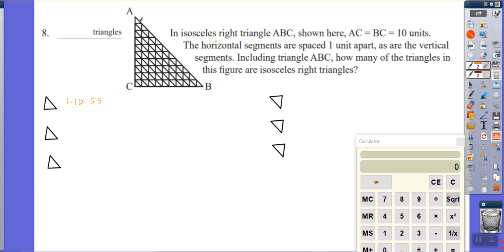Okay, well then I can have triangles that are 2 by 2 as well, right? And so for these triangles, let's see how this works. I have 1, but then I can slide it down 1, get 2, 3, 4, 5, 6, 7, 8, 9. Okay, so this time I only get 9 instead of 10.